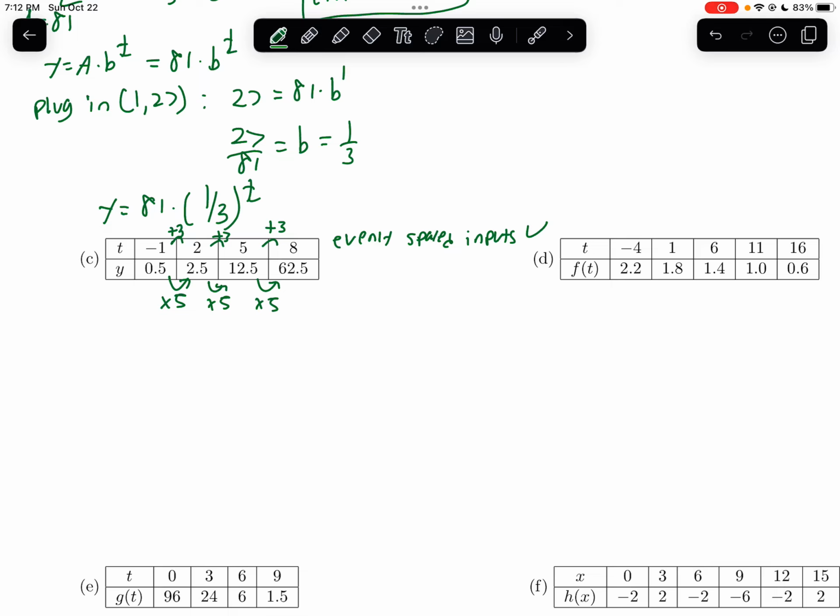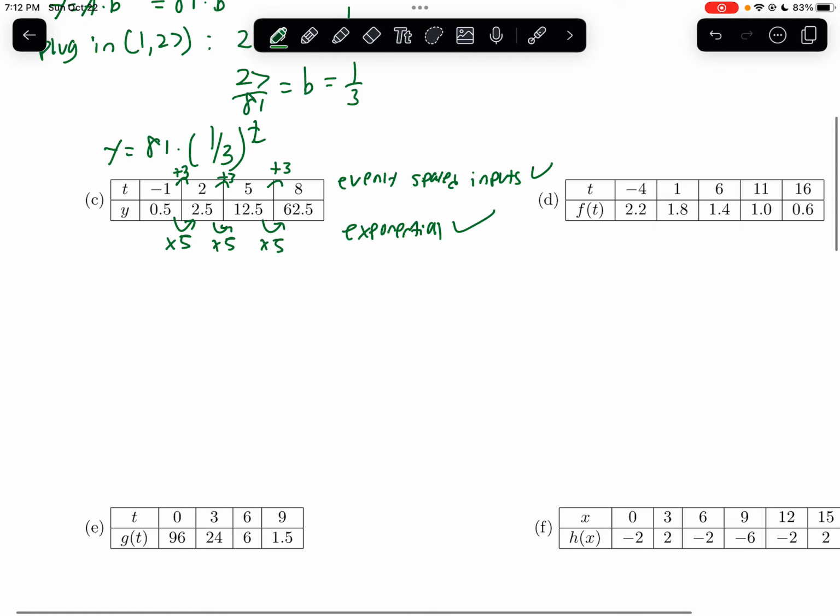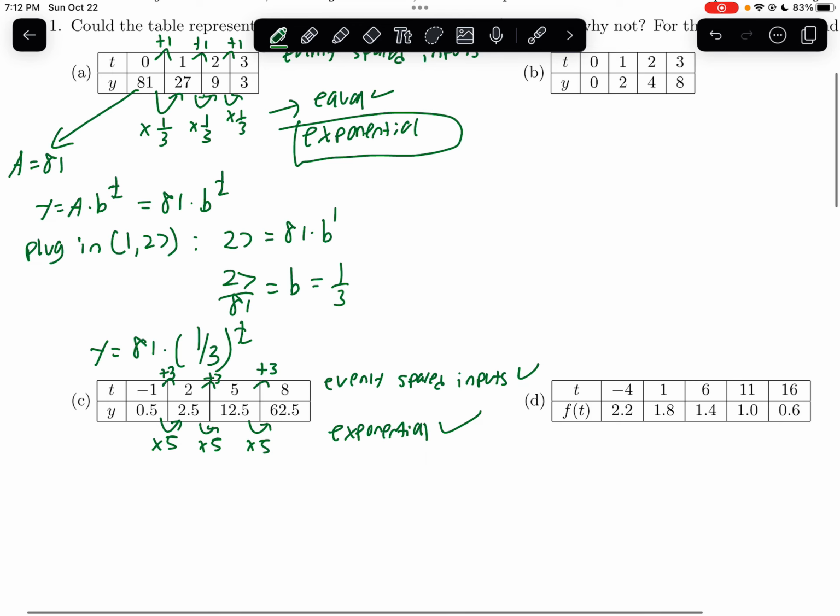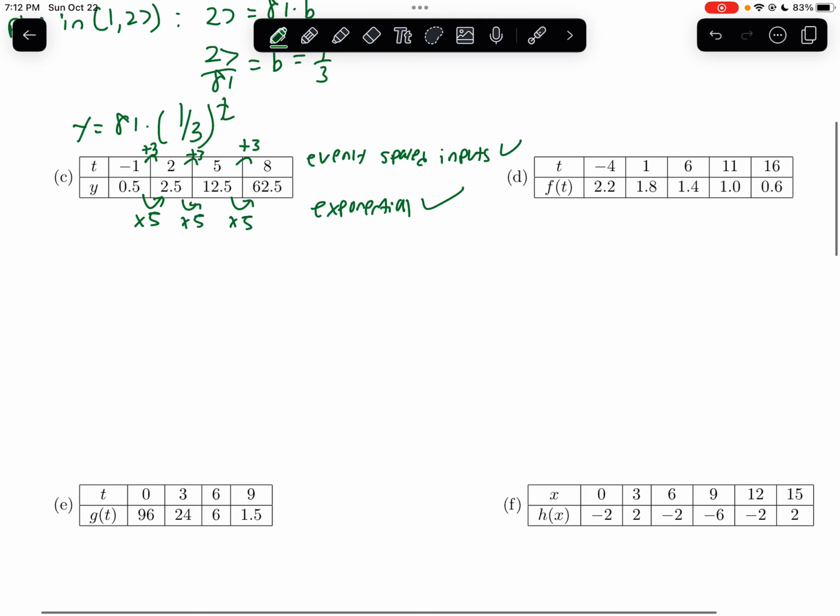These are the same number, so it's exponential. Cool. So what we don't know is A, because in the first one, the intercept was given to you. Here it's not, and you can't really figure it out from here.